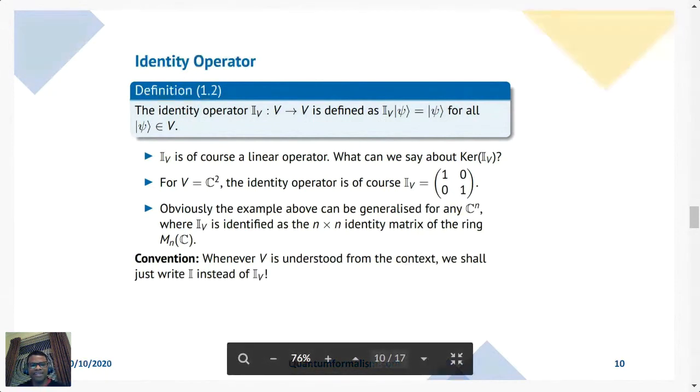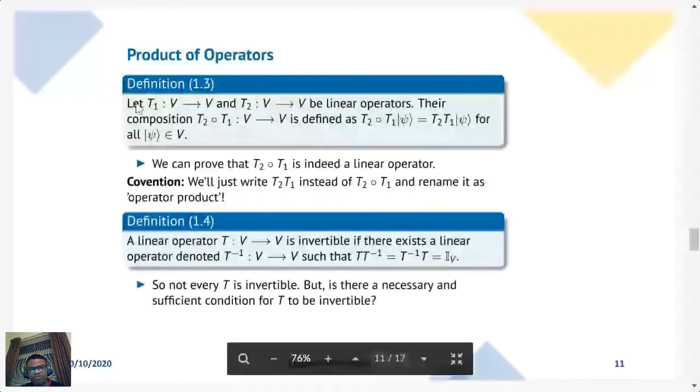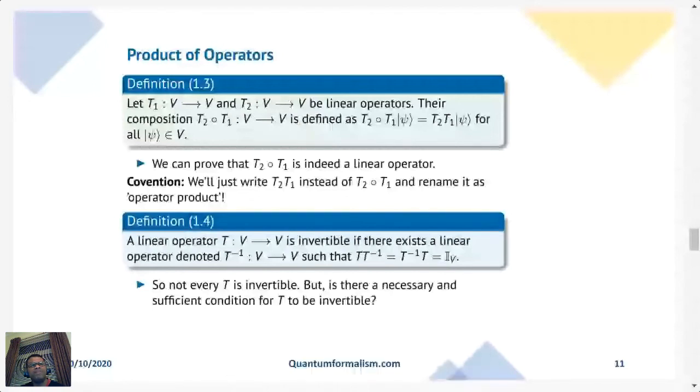Okay, so let's define the product, what we understand as a product in the abstract sense. You will see that in the matrix sense, the product of operators will be the product of matrices, but let's not go there for now. Let's worry about that in the next session. So when we have an operator T1 from V to V and another one T2 from V to V, their composition, did we cover composition in the lecture about sets?